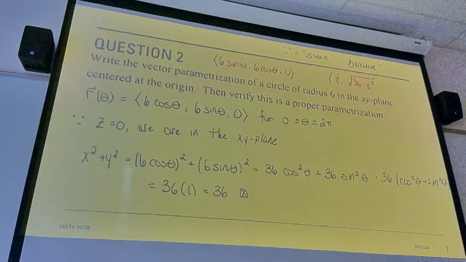Point is, there's theoretically an infinite number of parameterizations. That's the most common one for a circle. You may want to remember that.